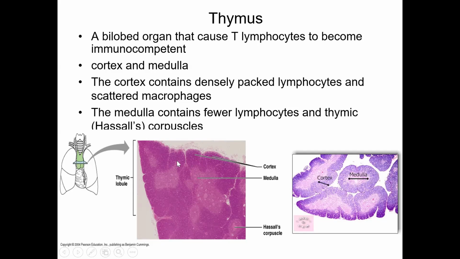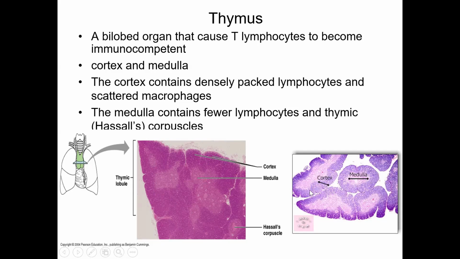If you look at a microscopic slide, you can see this is a thymus structure. You really cannot see other things than T cells. So all these dots are T cells in the thymus.